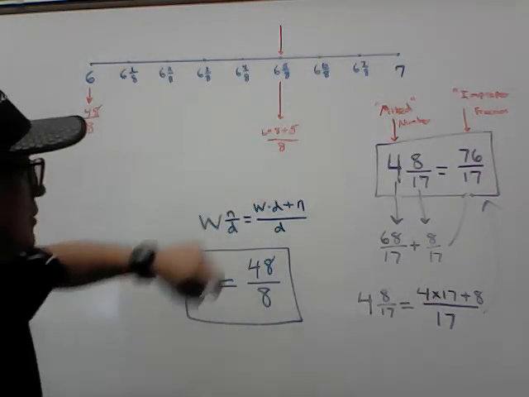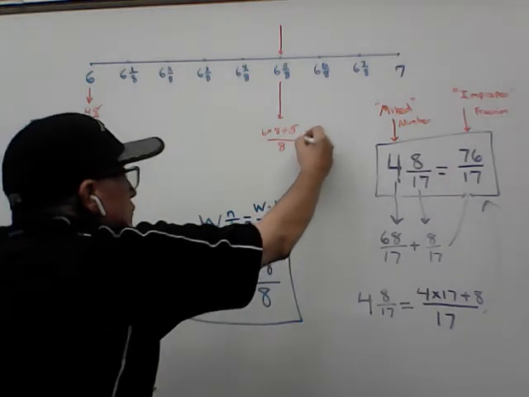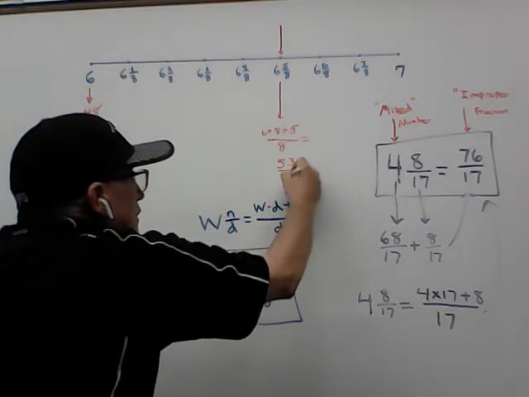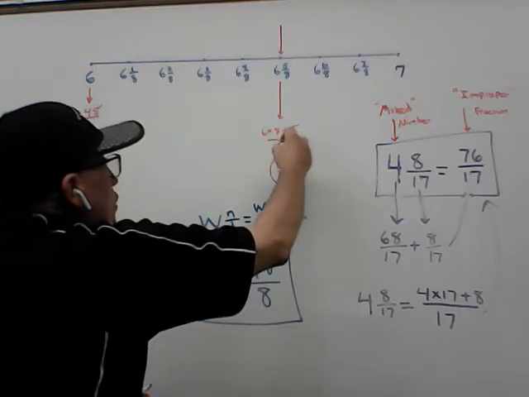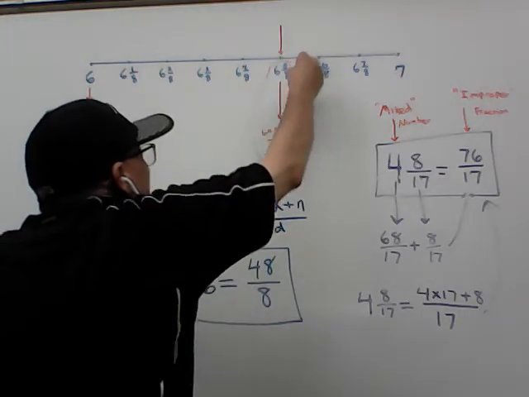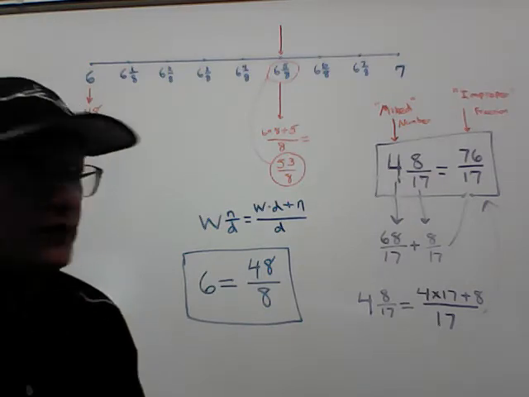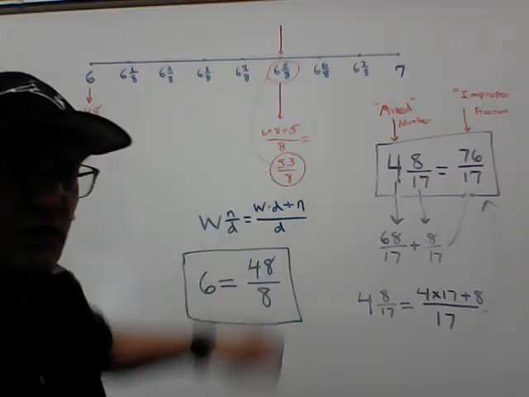Okay? That 6 times 8 is 48. Plus 5 is 53. This is the answer to the question. The question was, how many eighths altogether is 6 and 5/8? And the answer is, it's 53/8.